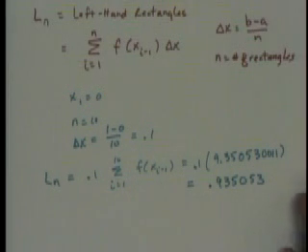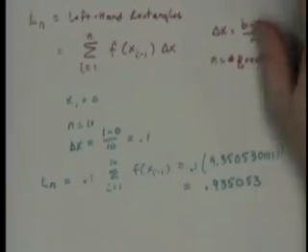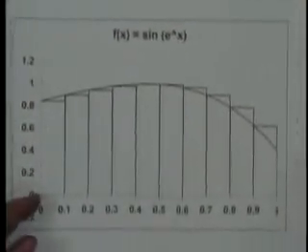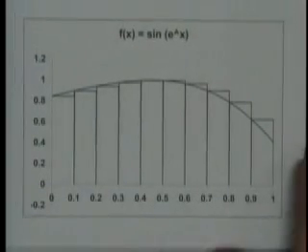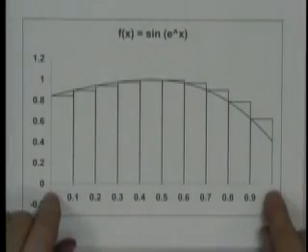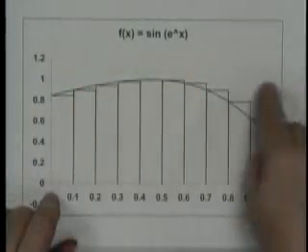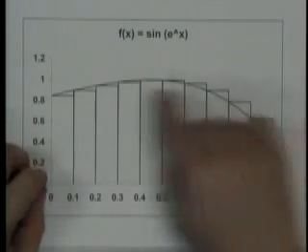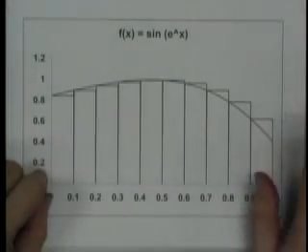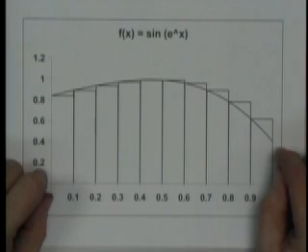Now, does that seem reasonable? Again, I recommend drawing a graph and looking at it and saying, okay, if I were to make one big rectangle, the width would be 1, and the height would be 1, and so the whole area would be 1, and it's a little less than that. So the fact that I got 0.935 seems reasonable.